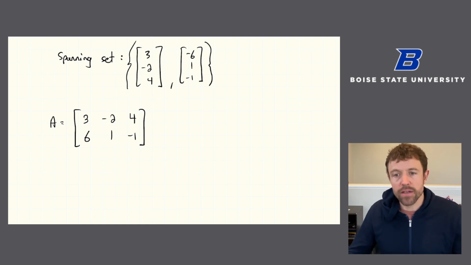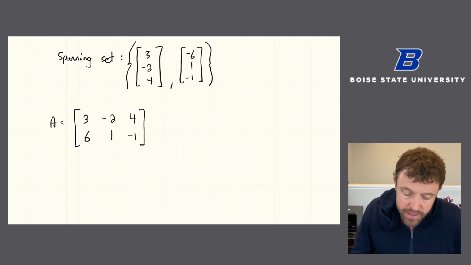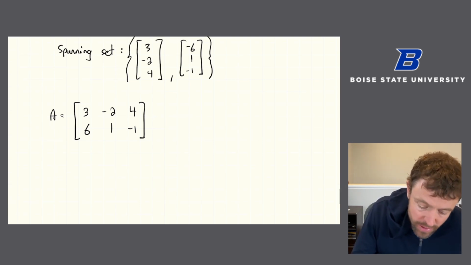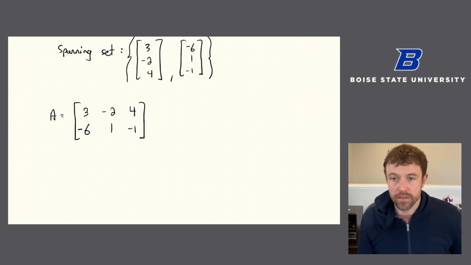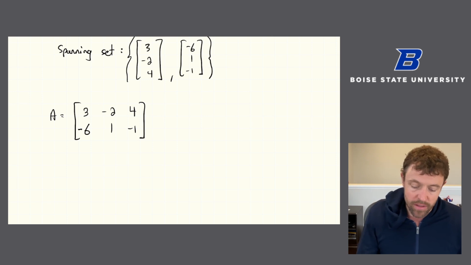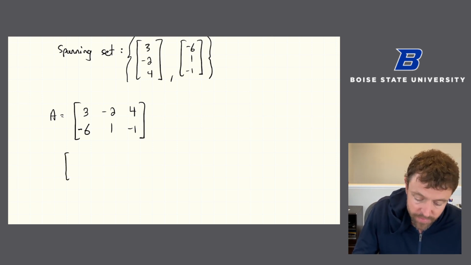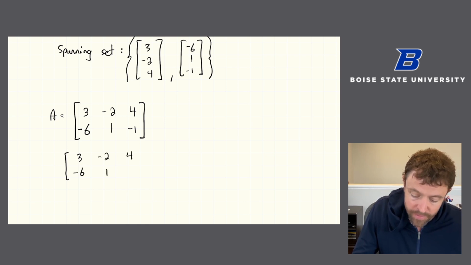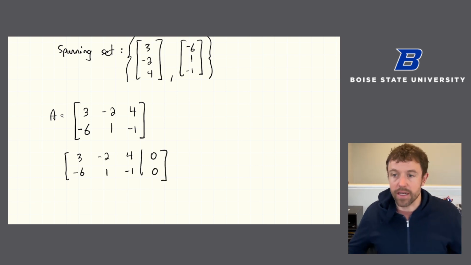And remember, finding the null space of a matrix is the same as solving the corresponding homogeneous system. I think I wrote this wrong, right? I had a minus here. And so I need to solve the system given here.